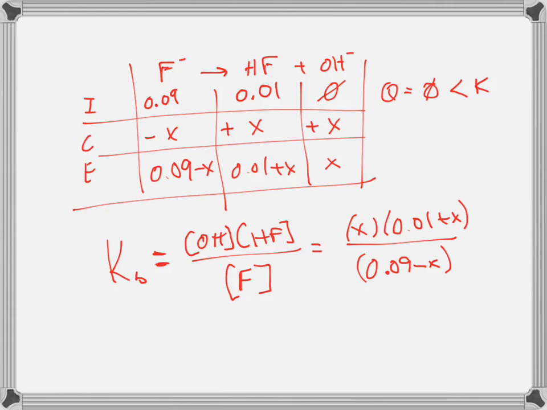Now we solve for x. What's x give us? Concentration of hydroxide. The question asked for pH, so we still have to go through all those obnoxious conversions.